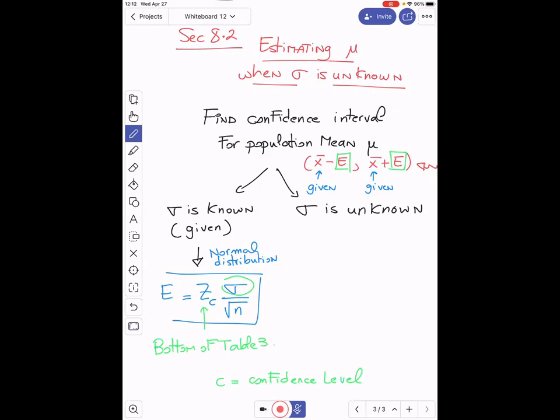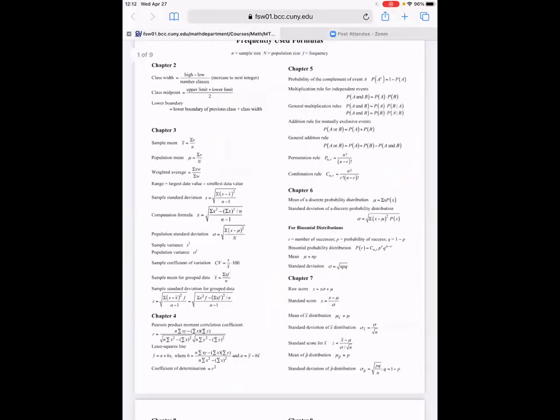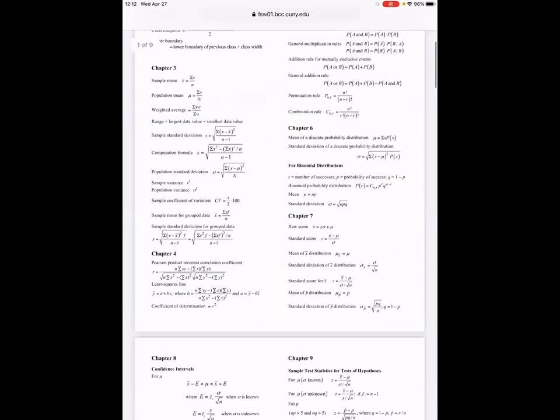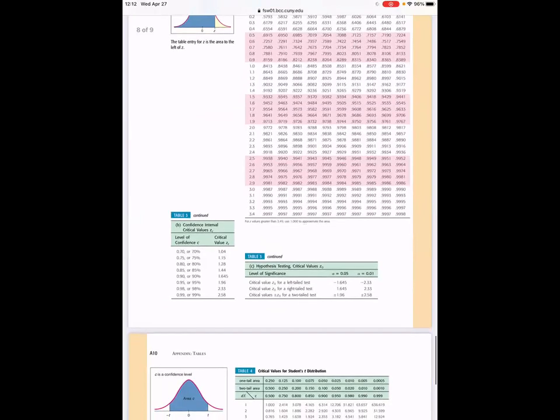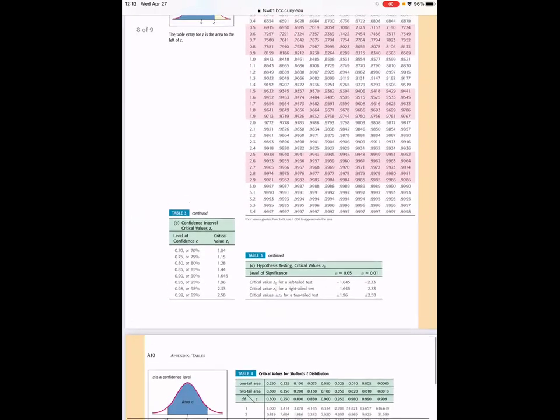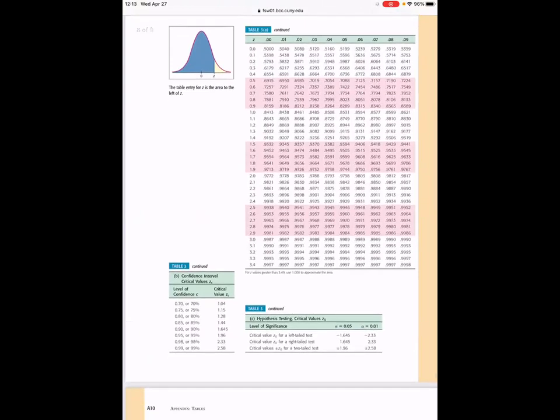Let me show you the table. This z subscript c is given right here, in the bottom of the second page of the table. You see at the bottom left the level of confidence c, and then the critical value z subscript c.